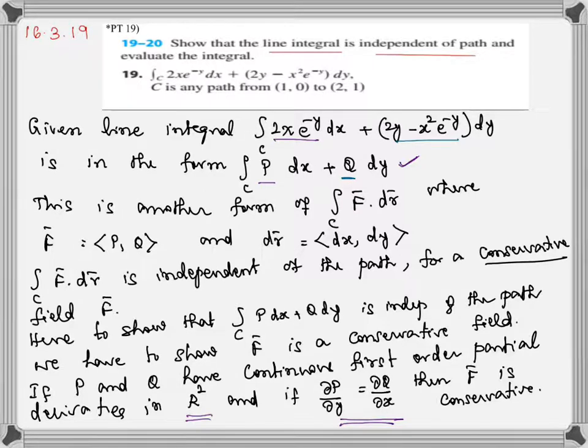We have another formula for a conservative field when F is a function of three variables. Now let's compute partial P by partial y, the partial derivative of P with respect to y, which is the partial derivative of 2x times e to the negative y with respect to y, which is negative 2x e to the negative y.